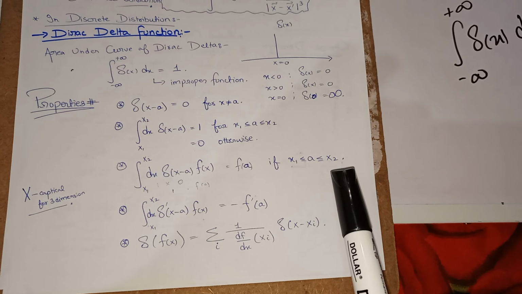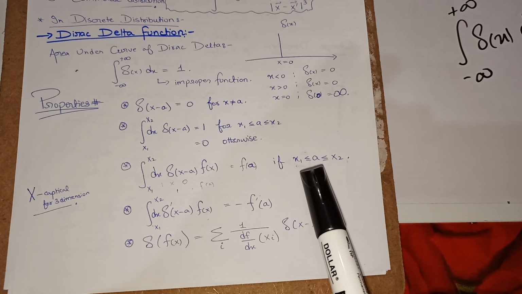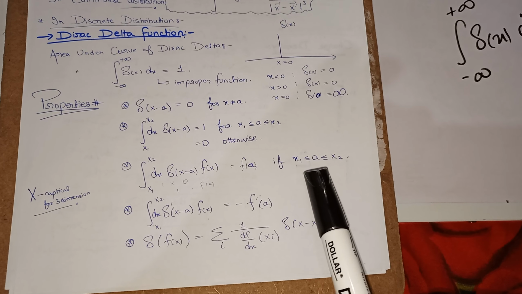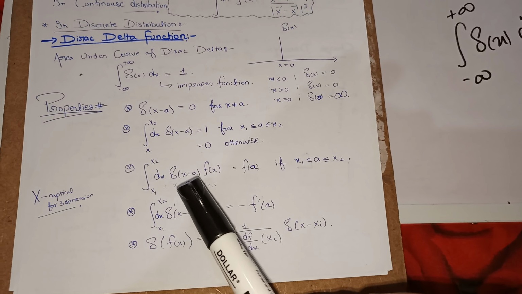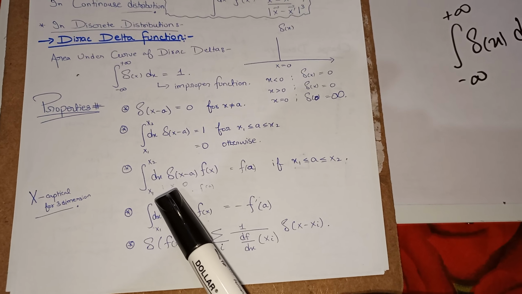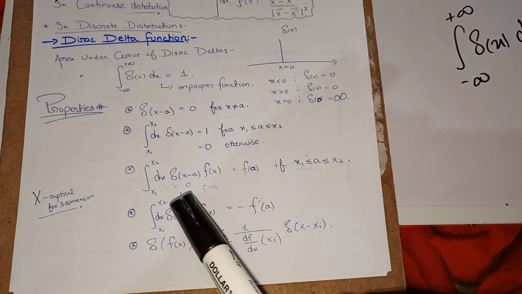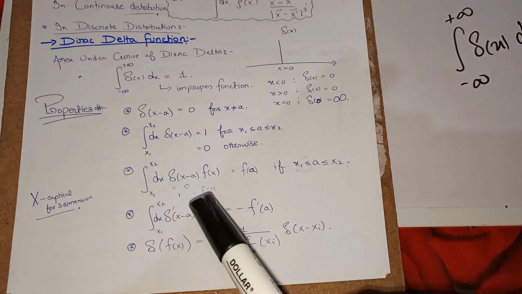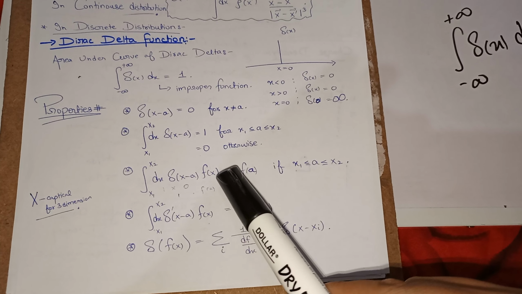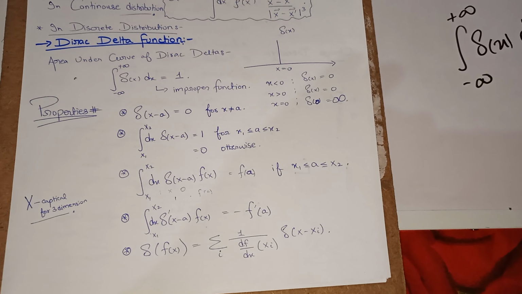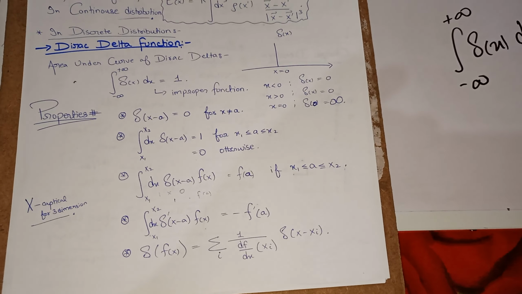This is how, because suppose x equals a, so a minus a becomes 0, and the integral of this is 1, and 1 multiplied by f of x, meaning f of a, so the answer is f of a. This is another property.